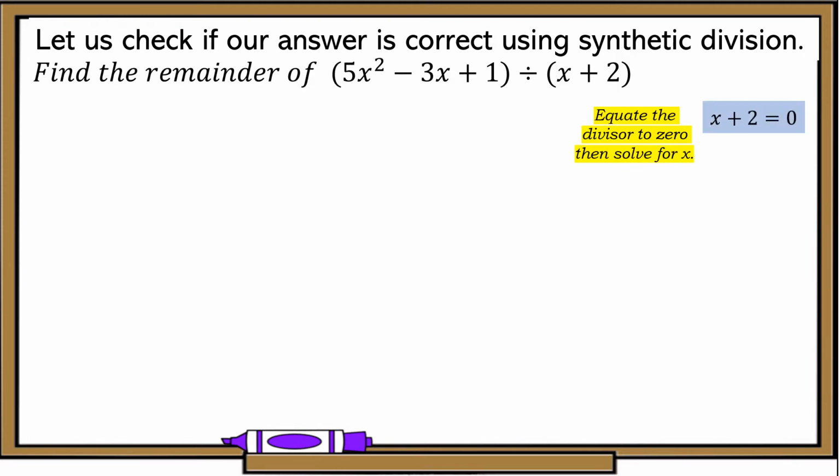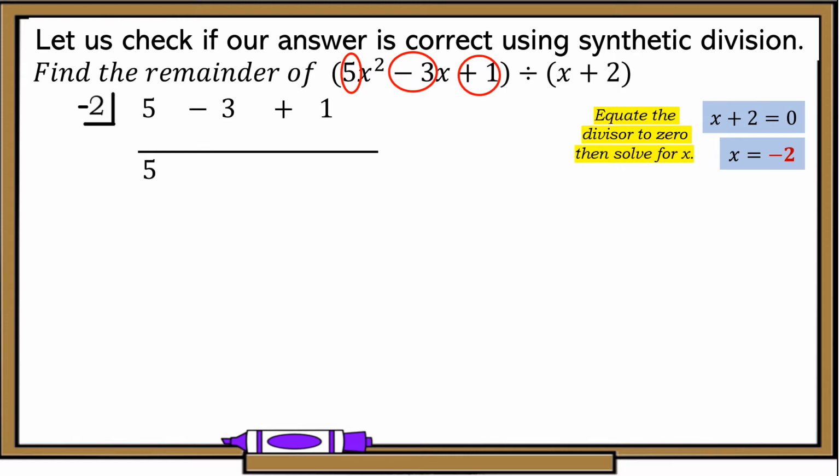So x plus 2 is equal to 0, so x is equal to negative 2. Let us write the numerical coefficient of each term. So negative 2 is the x. Then the numerical coefficients: 5, negative 3, and positive 1. The variable is not included, only the numerical coefficients.